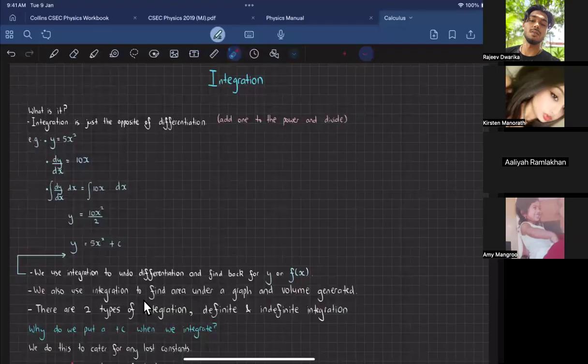So what's the one thing we don't have in that equation of the line? C. Right. So when you integrate, it's the same situation. You'll have a point on the line, and what's the one thing you won't know? C. So they'll give you a point and tell you to find C, and you'll have to do that. That's typically how the questions go.